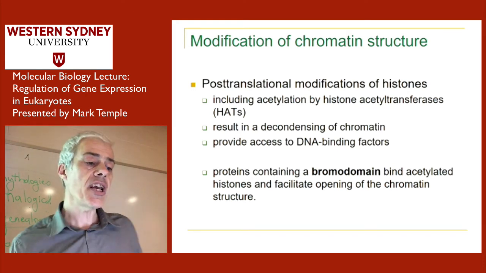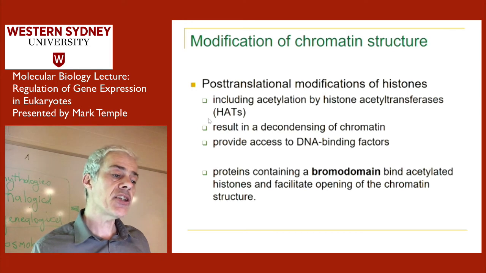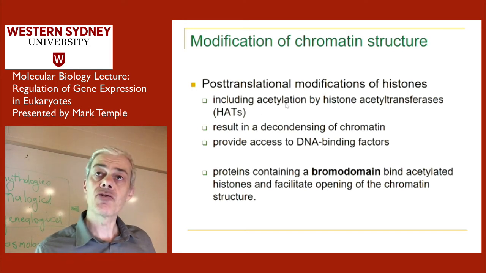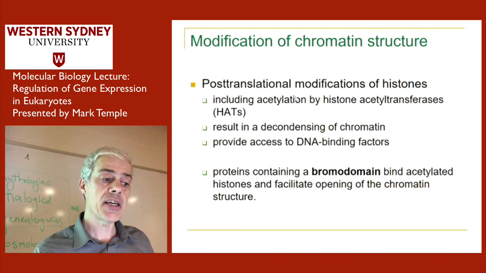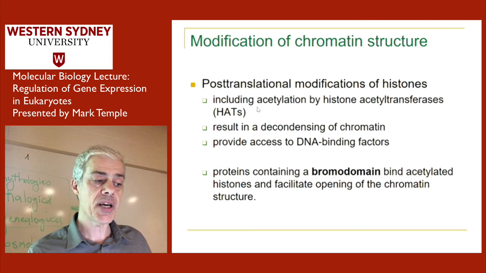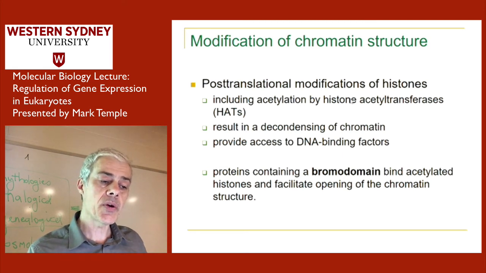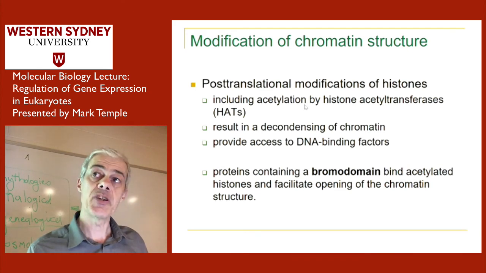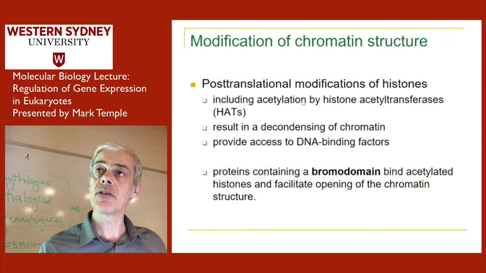So one way to turn on a gene is to bring in these histone acetyltransferases to add acetyl groups to those positive charges on lysines and remove those positive charges from lysines in that process. And therefore, these histone tails bind less strongly to DNA, which makes it a loosely packaged nucleosome.